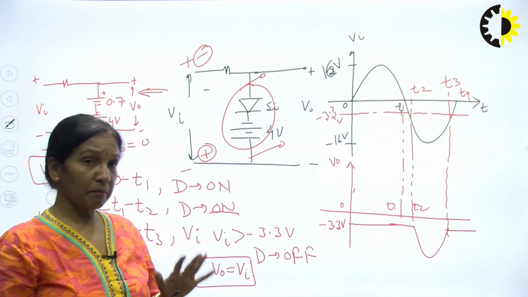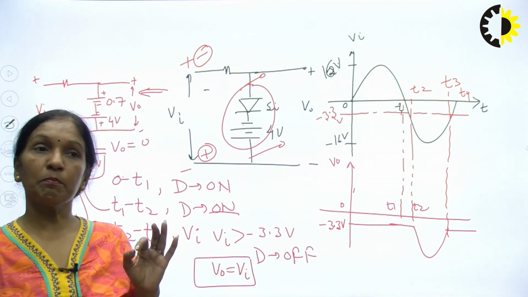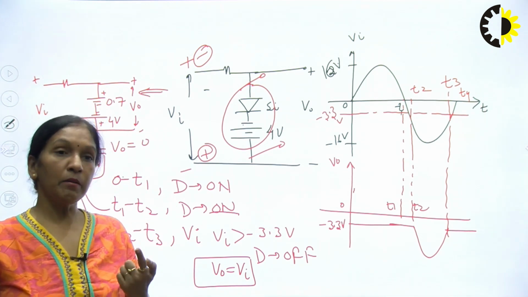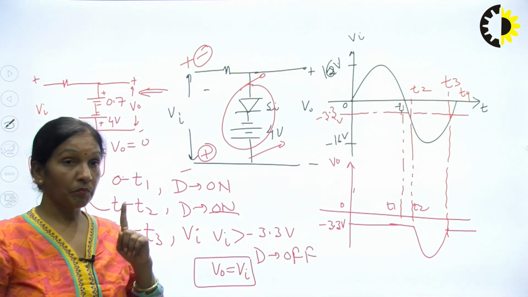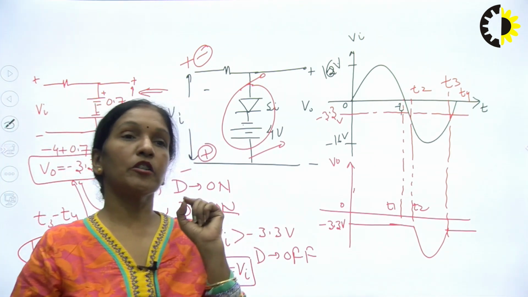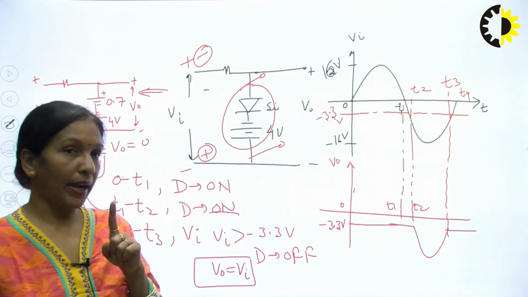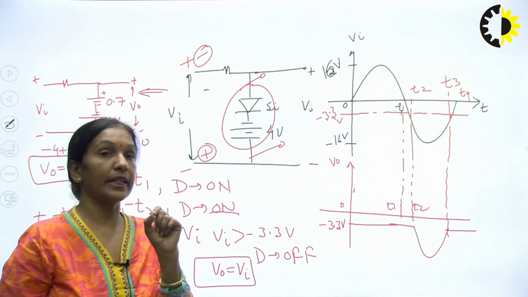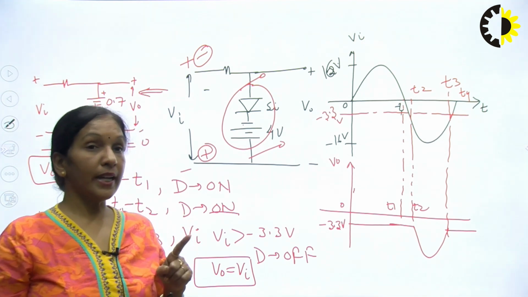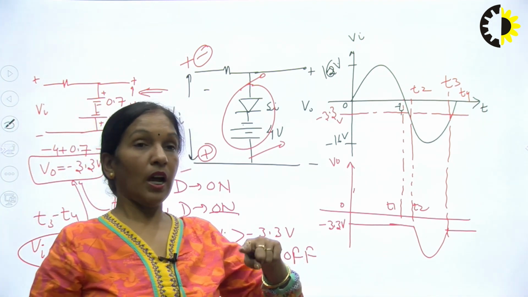And always remember, while dealing with clipper circuits, whether it is a parallel clipper circuit or a series clipper circuit, the very important key point or keyword is the transition voltage, because in every case we have to identify the transition voltage. And what is transition voltage? Transition voltage is the voltage where your diode transits from one state to another.